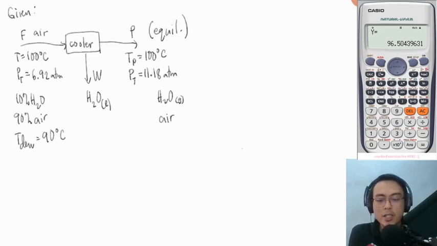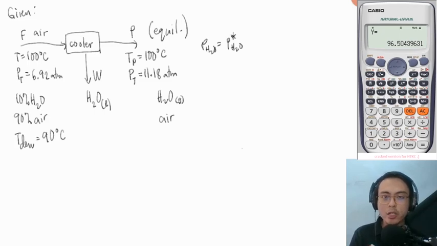Okay? And since we have a condensate, your product gas is at equilibrium condition. The partial pressure of water is equal to the vapor pressure of water. Okay? So how do we do this? Since the temperature at your product is 100 degrees Celsius, you can immediately use that in the Antoine equation.